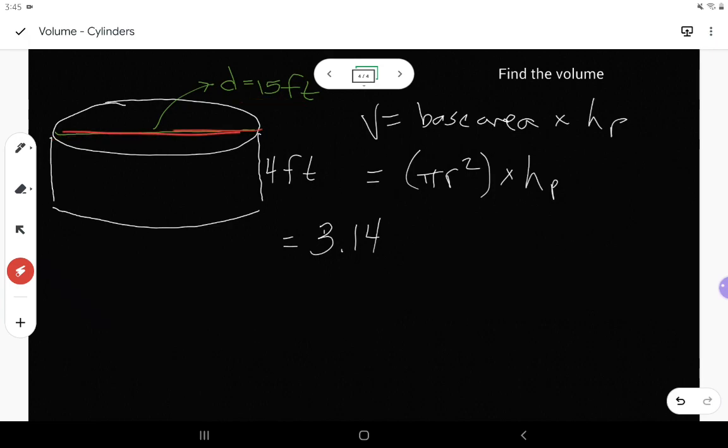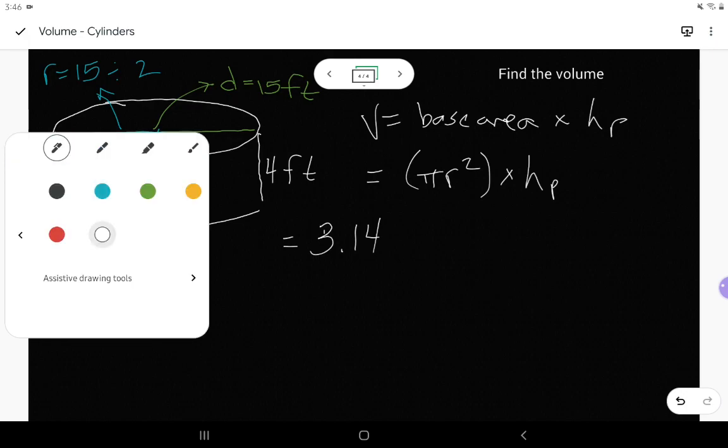This line goes all the way across the cylinder. That means this is a diameter. So remember, the radius is only half as big. So if the whole diameter is 15 feet, then the radius is 15 cut in half. I divide my diameter by 2, and my radius is now 7.5 feet.